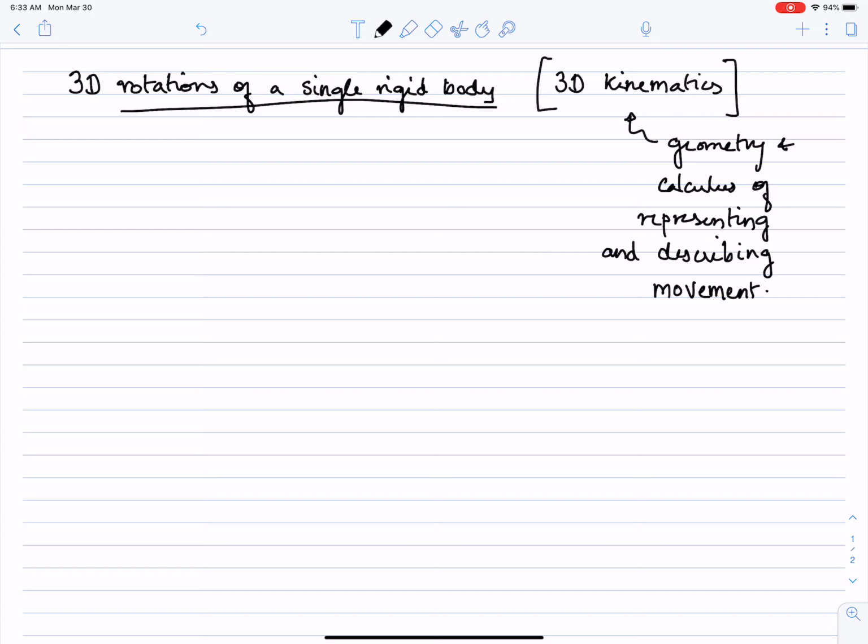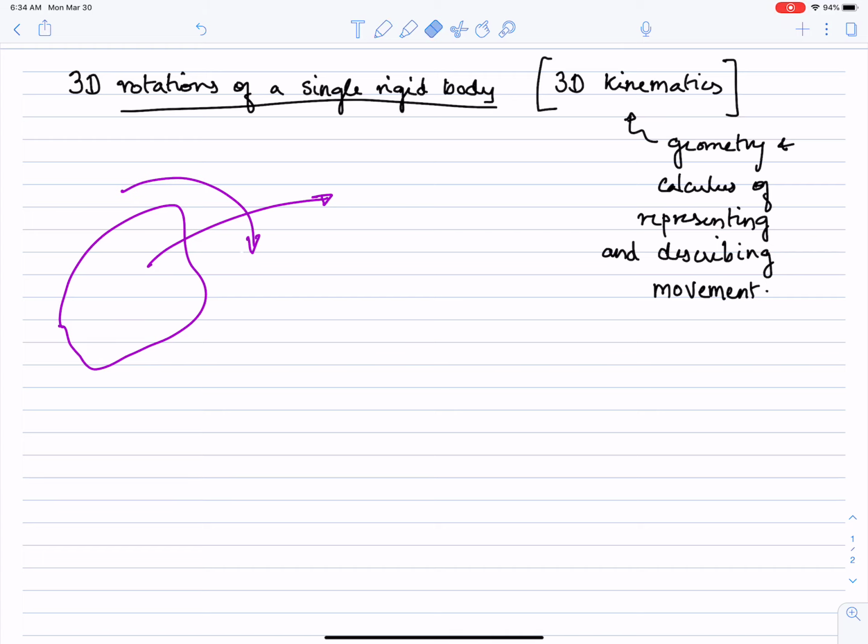Okay, so let's talk about representing the motion of a three-dimensional rigid body. So imagine you had a 3D rigid body like so, and you threw it up in the air. And it's translating, in other words, it's changing position, but also rotating, let's say, okay?